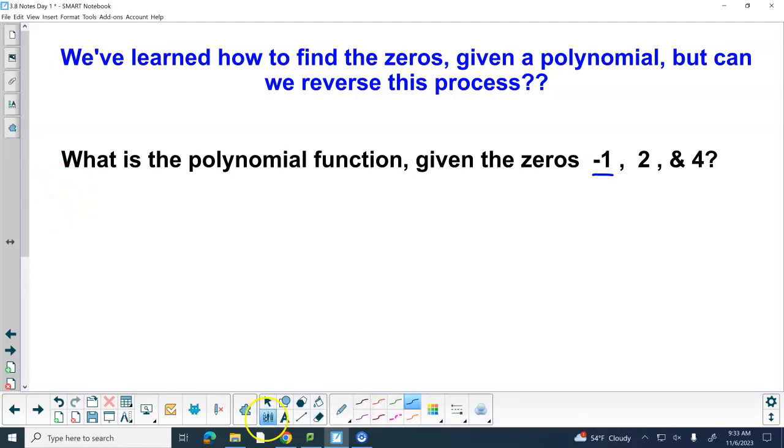So, if negative 1 is a 0, then what is the factor? If negative 1 is a 0, what is the factor? Mike? X minus 1? Plus 1? X plus 1 would be the factor.